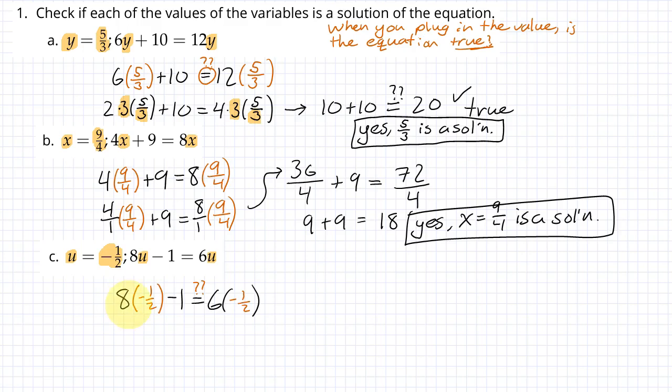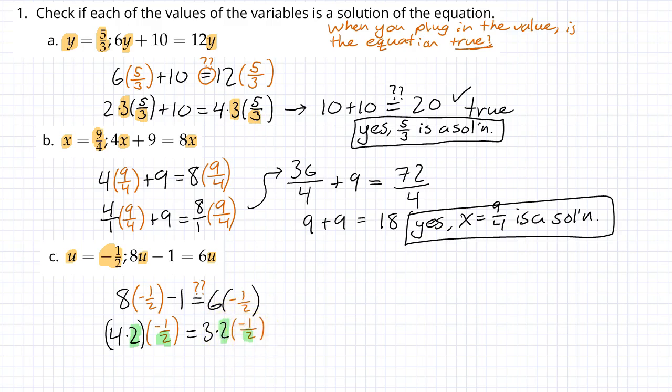Maybe let's say that 8 is 4 times 2. You have that times negative 1/2. And here you can see that you are dividing and multiplying by the same thing. So those will cancel out. And same thing here. I see a 2 in the bottom, so I'm going to write that 6 as 3 times 2. And then those 2's will cancel out.